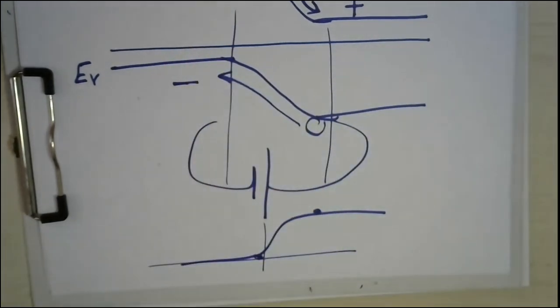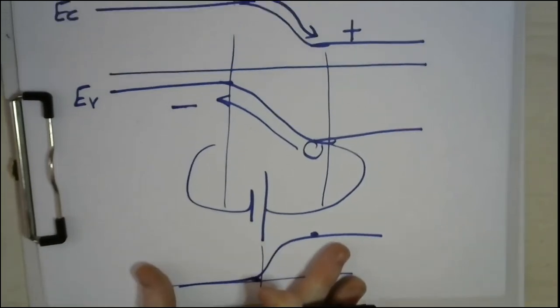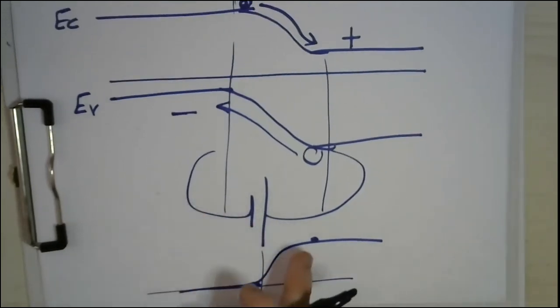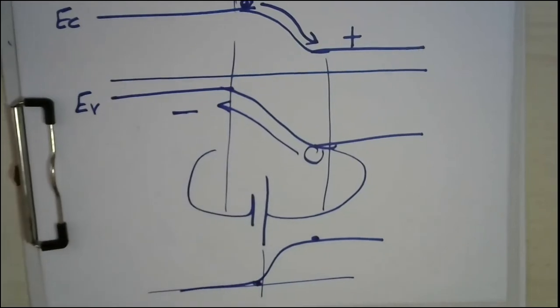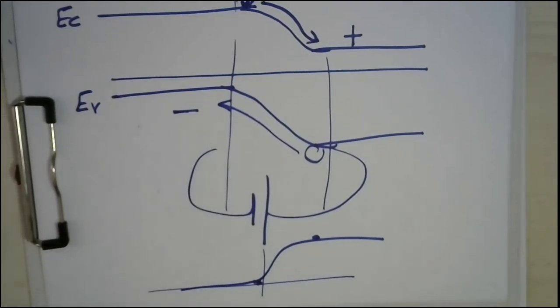This is the conclusion. Now, as I mentioned, this is a built-in potential. This is a virtual battery. Now, what if we connect our device with a real external bias source?